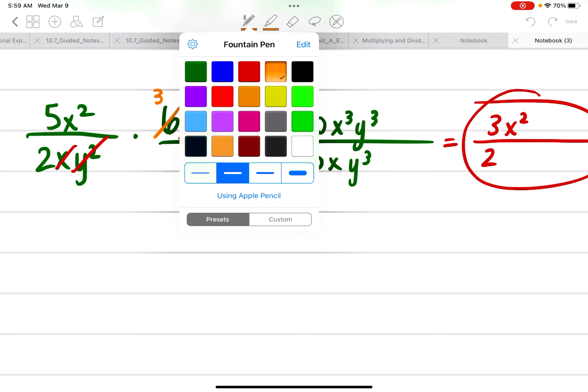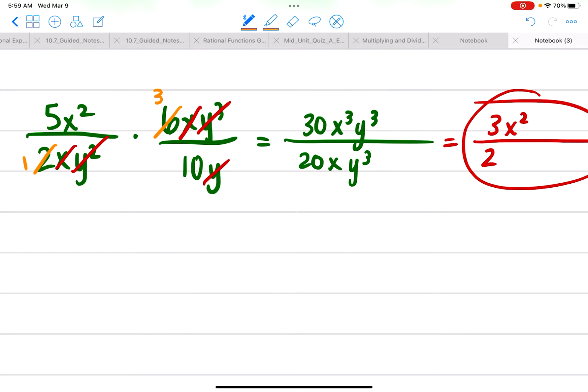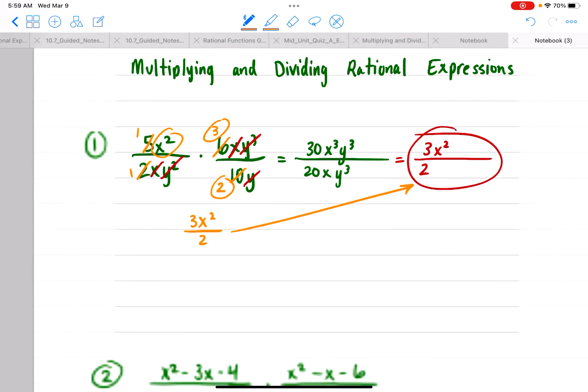So I'm going to divide those both by 2. So the 2 becomes a 1, the 6 becomes a 3. And then 5 and 10 are both divisible by 5. So I divide those both by 5. And then you just take whatever's left, right? So what do we have left on the top? We have 3 and x squared. And then what do we have left on the bottom? Just literally just a 2. So you'll get the same thing in the end. But those are two different ways to do it.